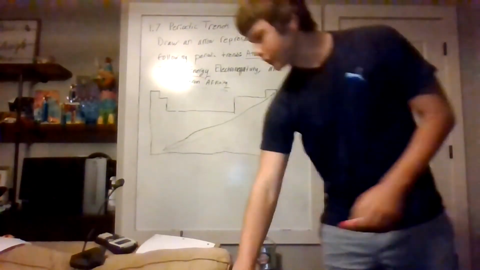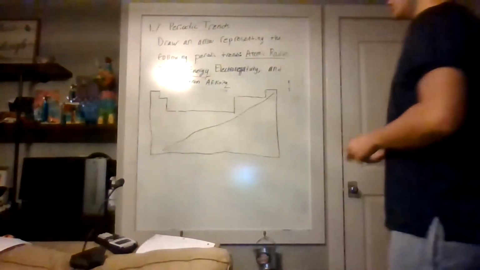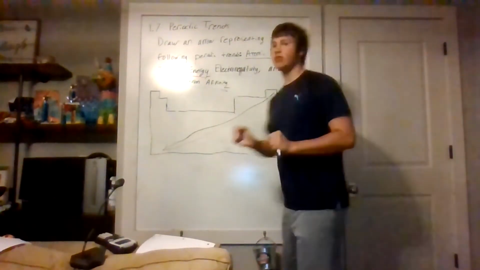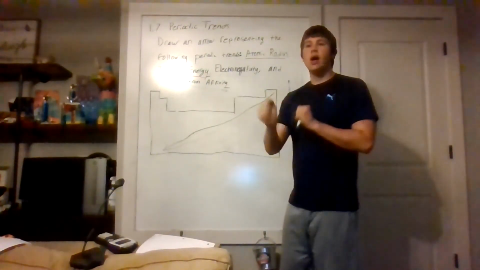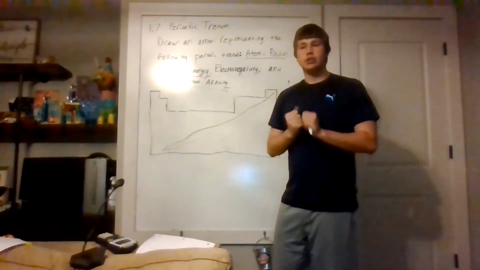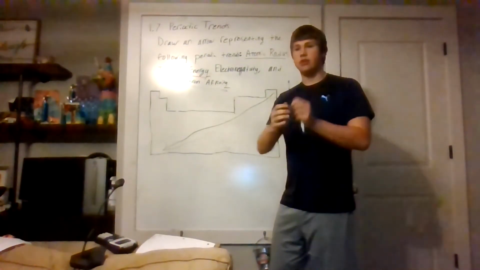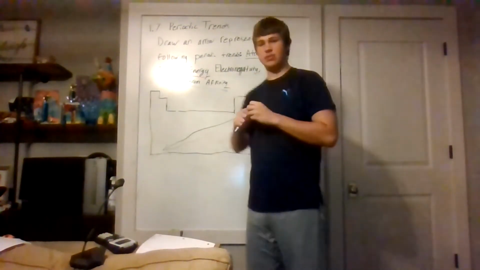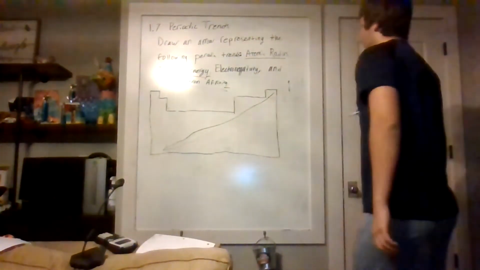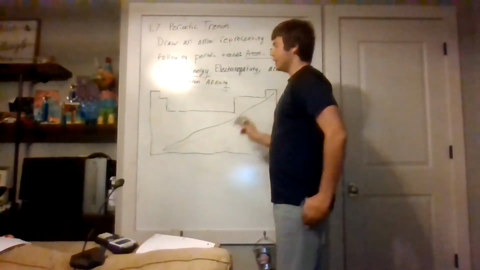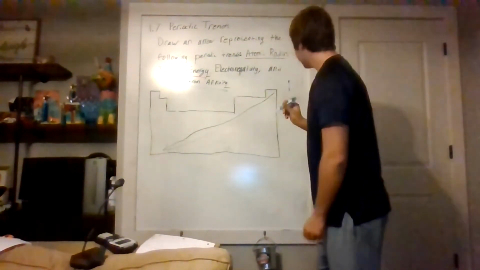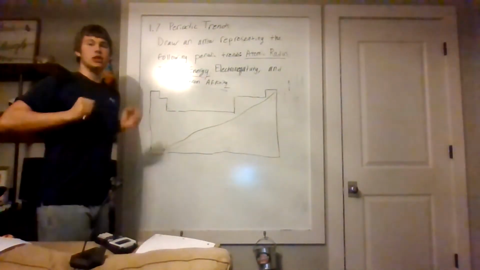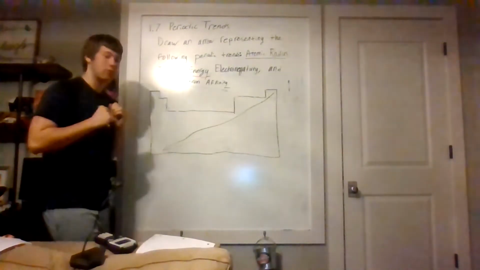Now the next trend is electronegativity, which will be represented with green. And it's basically, in a compound, how much is this element willing to share, or is going to try and take those electrons for themselves. So you can link this with atomic radius: if it's smaller, it's going to be closer to those electrons and try and grab them more.